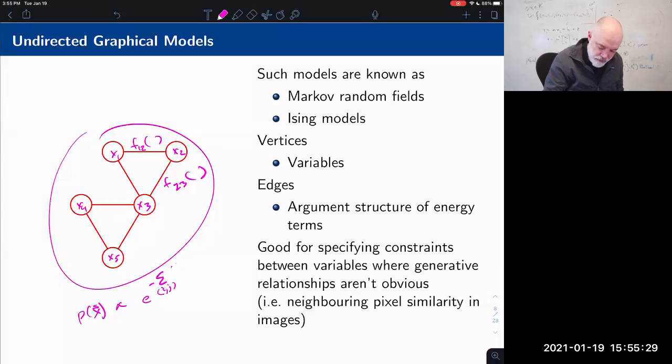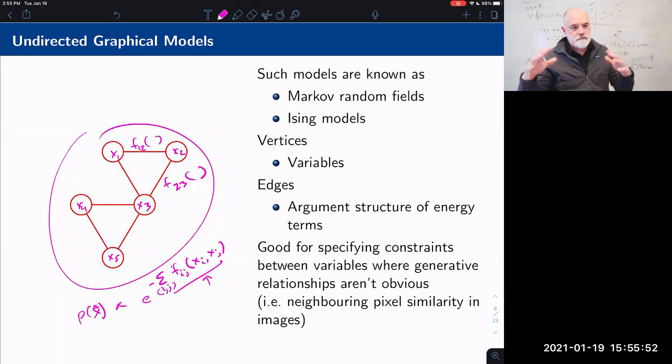Sum over ij, pairs of fij of xi, xj, something like that. Okay. So for those of you who have any sort of physics background, this does not imply a causal relationship at all. It just says that there is some, well, these are technically energies up here. There's some set of states that is more probable based on an energy, so on and so forth.